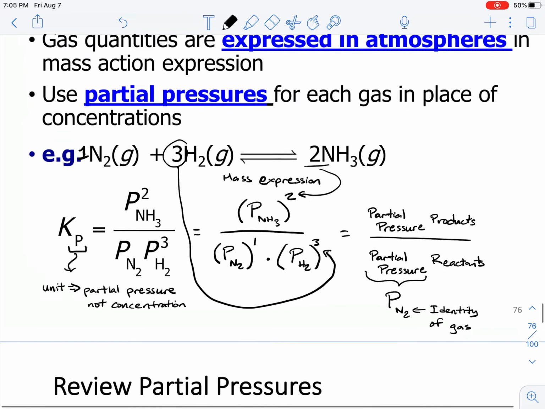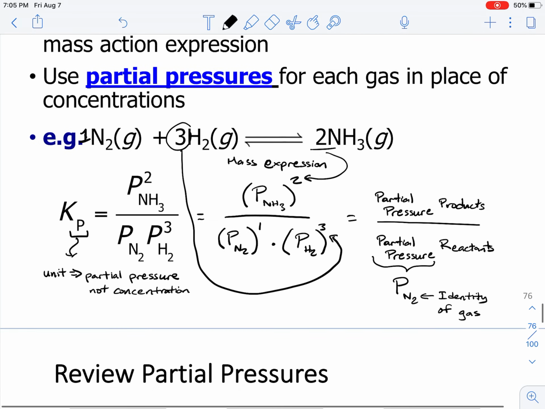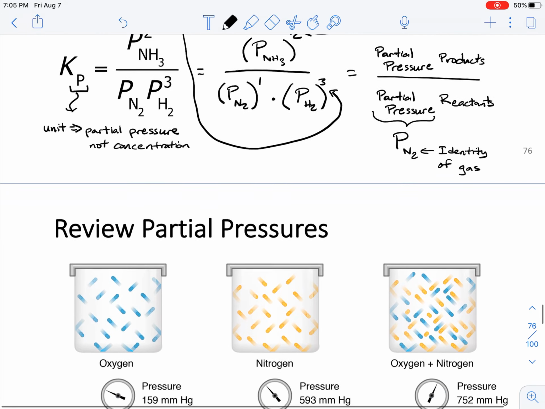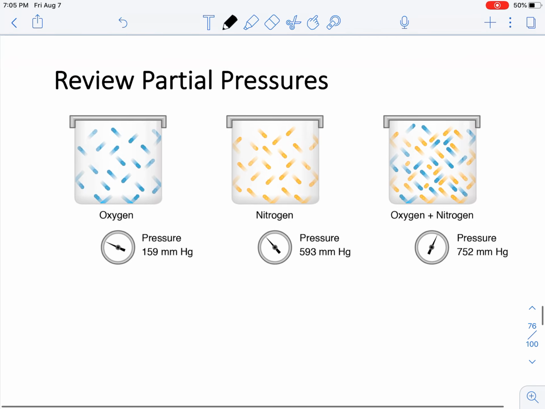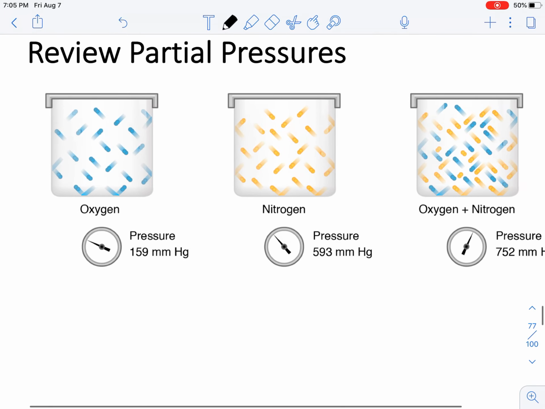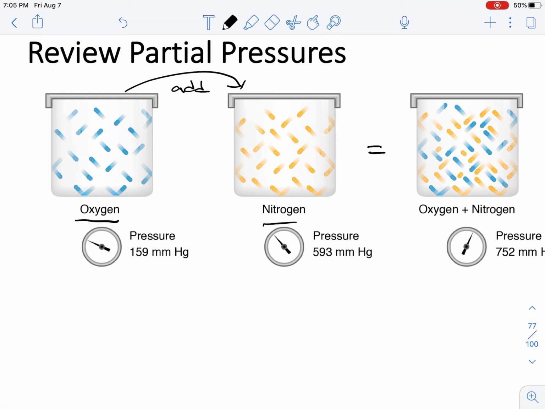All right, so we're just going to quickly review the idea of partial pressures. Let's say that we have a pure sample of oxygen gas in its own container, and then we're going to add it to a container that's filled with nitrogen. And so what we get is a mixture of these two gases.